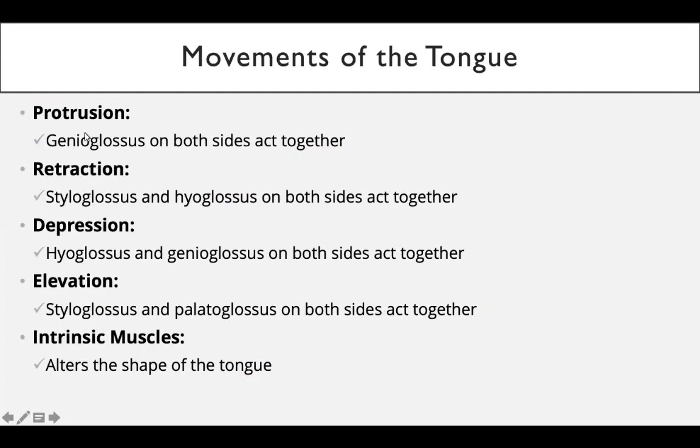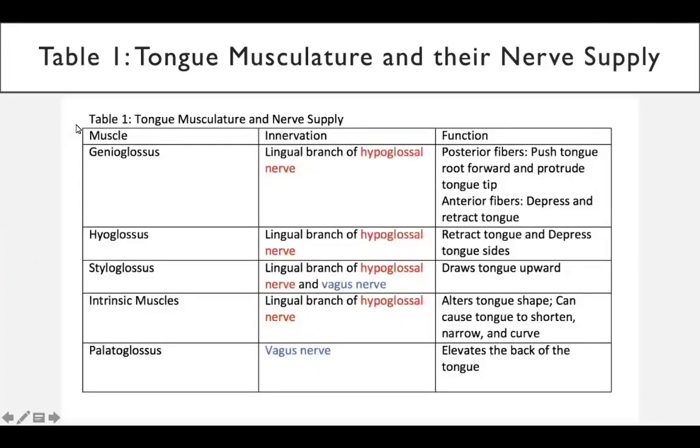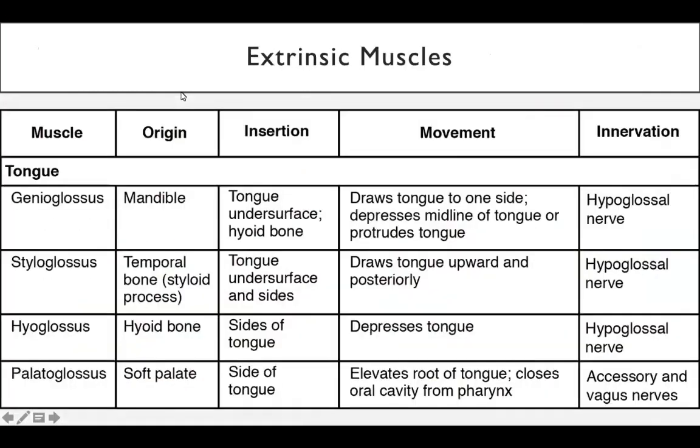How do we remember? Genioglossus on both sides causes protrusion of the tongue, taking the tongue outside, right? Laterally we have hyoglossus, but medially towards the midline septum we have genioglossus.